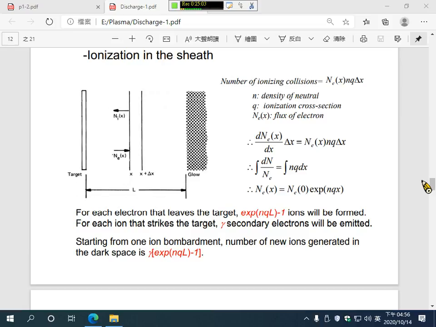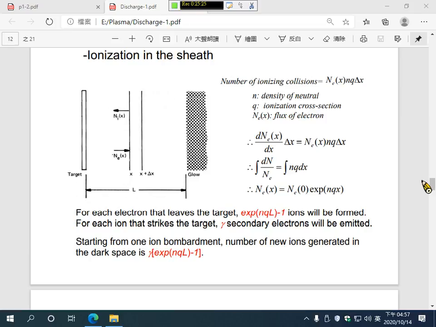And for the newly generated electron and ion pairs, the ion will again travel to the surface of the cathode and then generate a secondary electron.